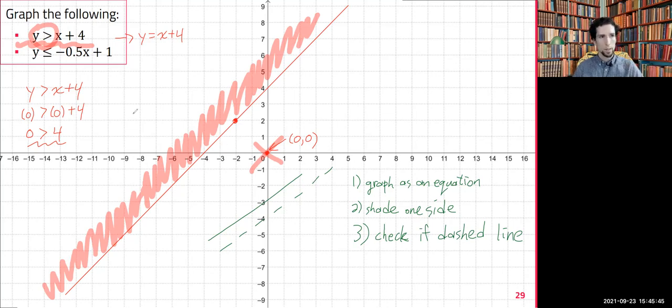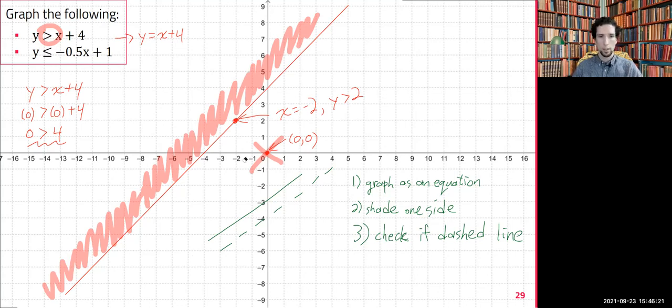So in this case, we have in our inequality, once again, y is greater than x plus 4. So here it must be strictly greater than. It cannot be equal, it must be greater. If we come back and look at this point that we had here, where x is equal to negative 2, we said that, okay, y, we figured this out, y must be greater than 2. y cannot be equal to 2.